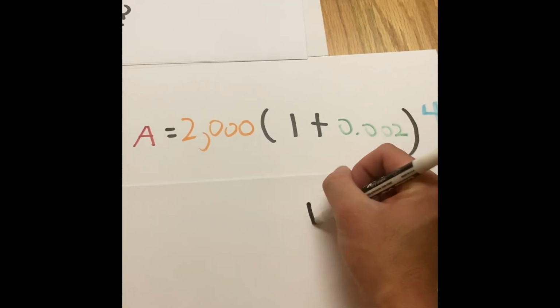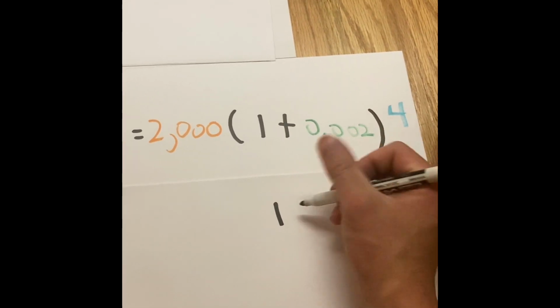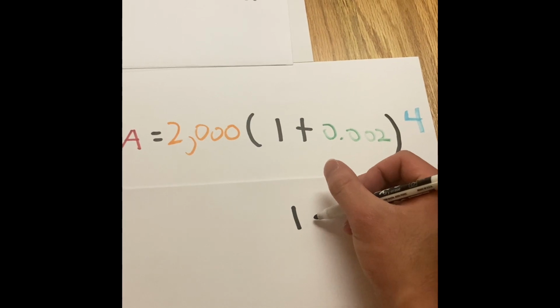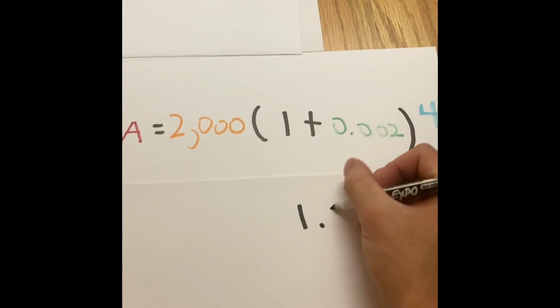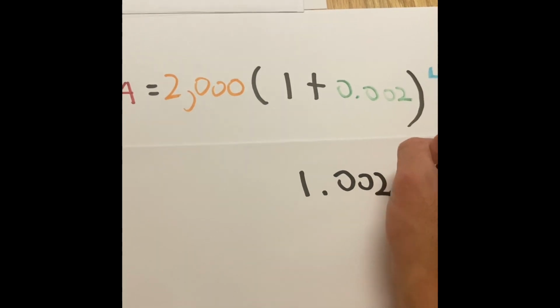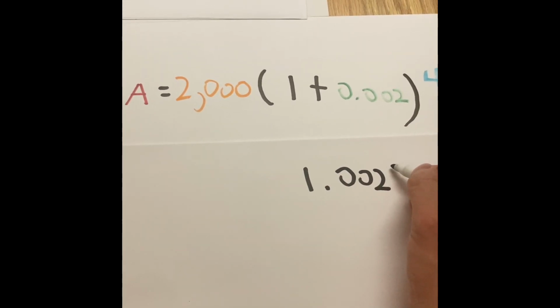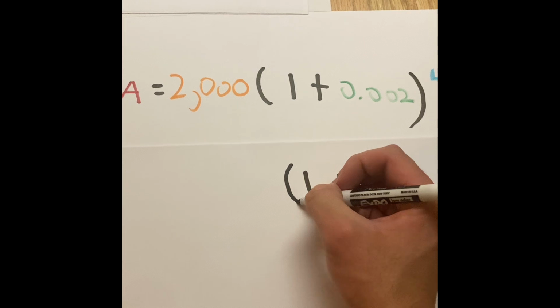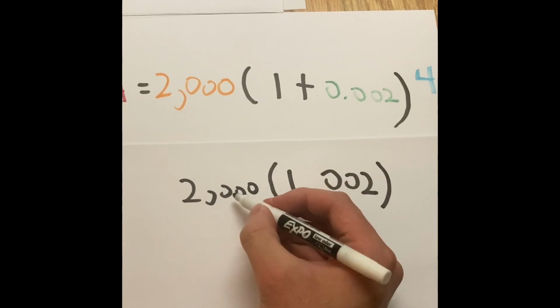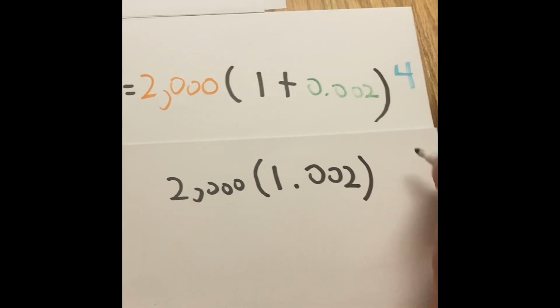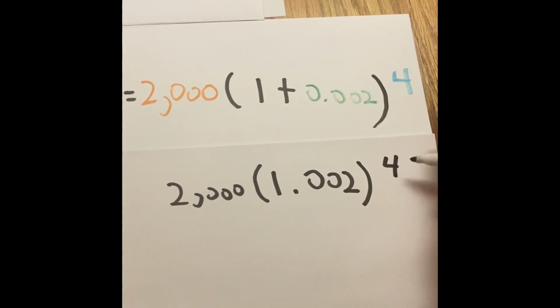When you add the two, the answer is 1.002. Now we have 2,000 times 1.002 to the power of 4.